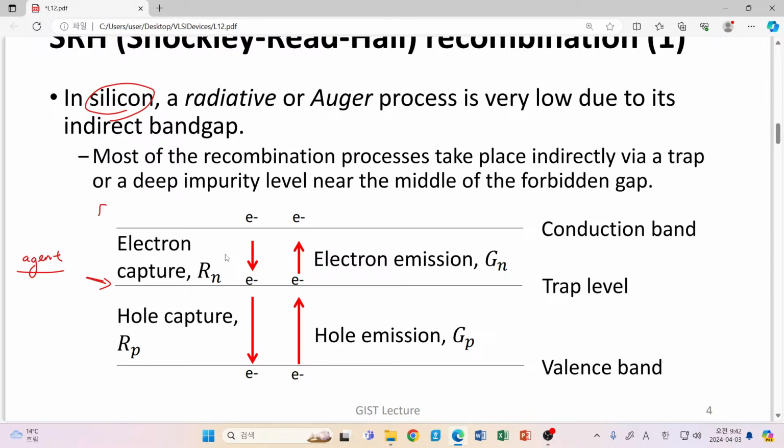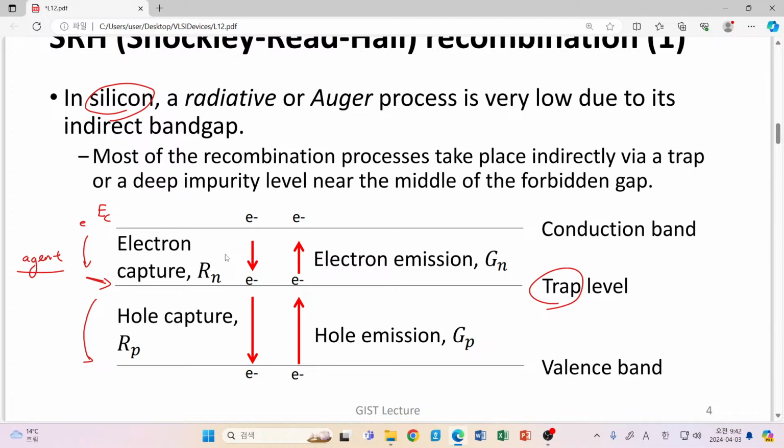So the conduction band sends its electron to this intermediate state called a trap. Then this trap takes the electron, and some time later, it sends it to the valence band. After a long time has passed, you can see that the conduction band lost its electrons and the valence band obtained some electrons.